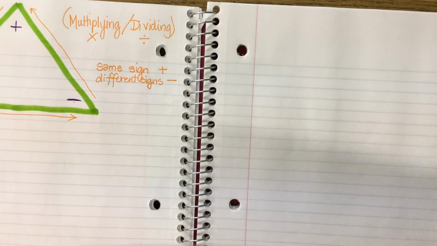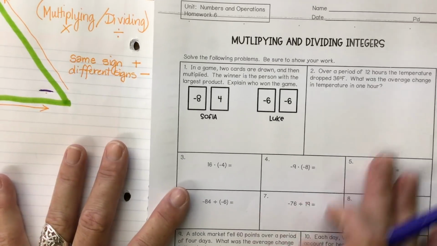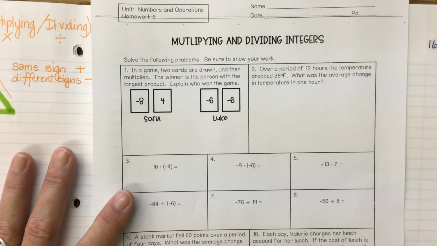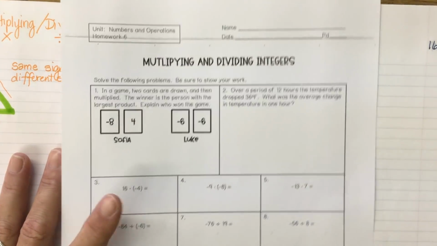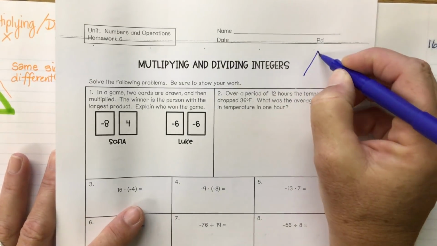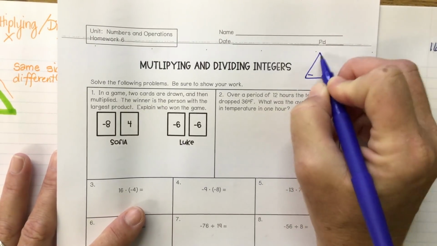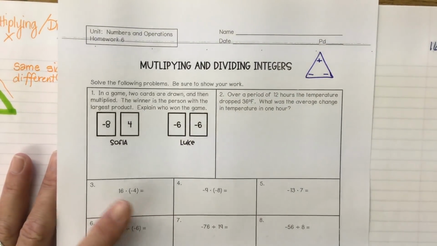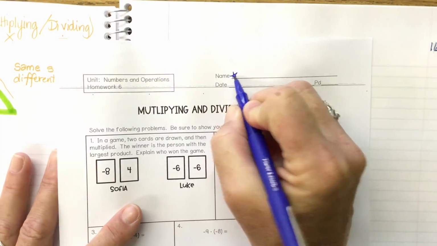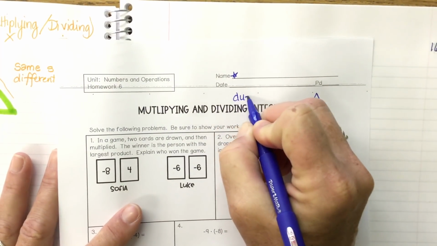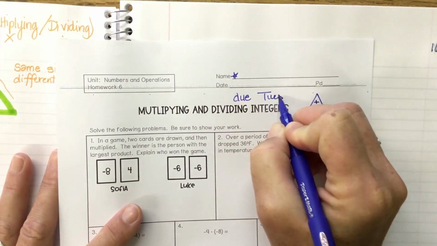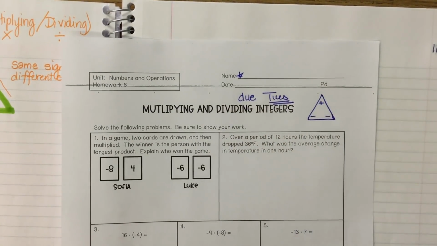Your homework tonight, or today, is pretty straightforward, is practicing the multiplication and division of integers. And you just have to remember the triangle. So actually this is really easy, something that should not be a hard assignment, okay? Please put your name, and it is due Tuesday when you walk into my classroom. See you tomorrow.